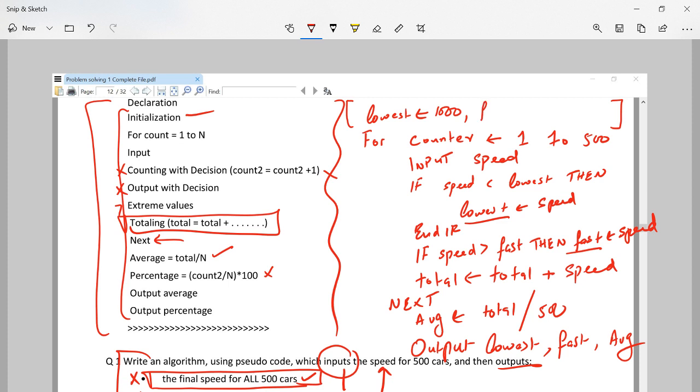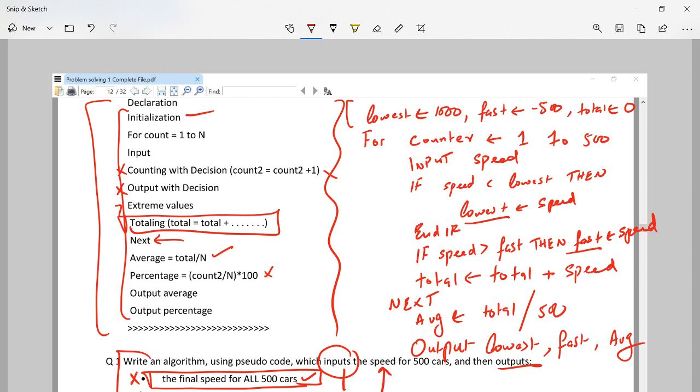For example, fast, we have chosen the variable fast here. It must be initialized with either 0 or some big negative value. And last is total. Every time you use total, you have to initialize it with 0. No need to initialize average, no need to initialize speed, even though these are variables as well.